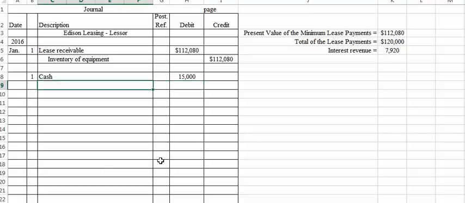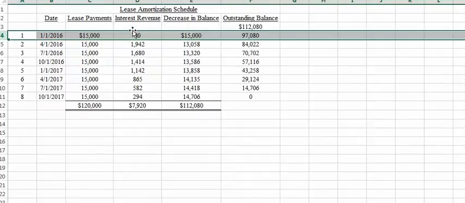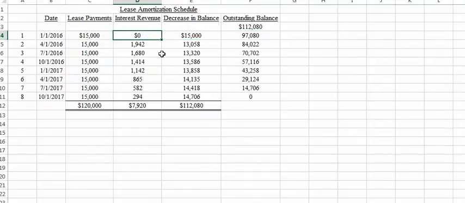And we're going to credit, you probably guessed already, lease receivable for $15,000. There was no interest involved because no time had passed, right? So they didn't earn any interest revenue on that first payment.